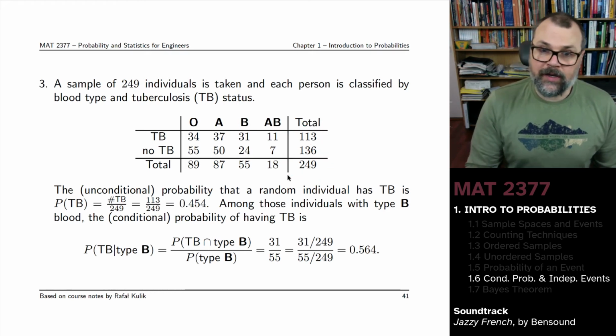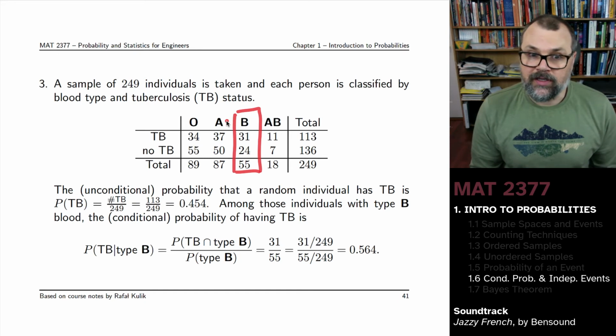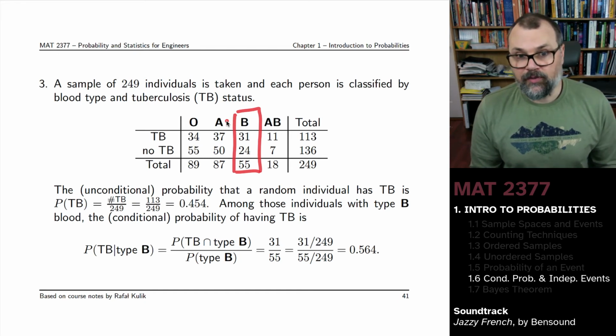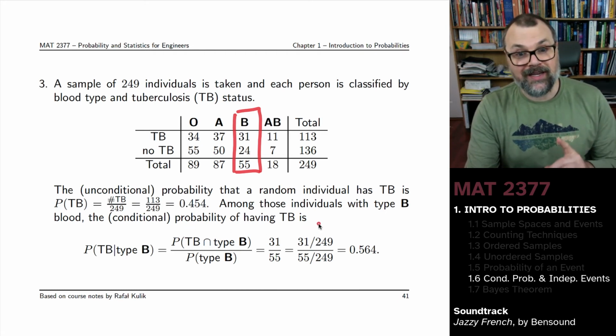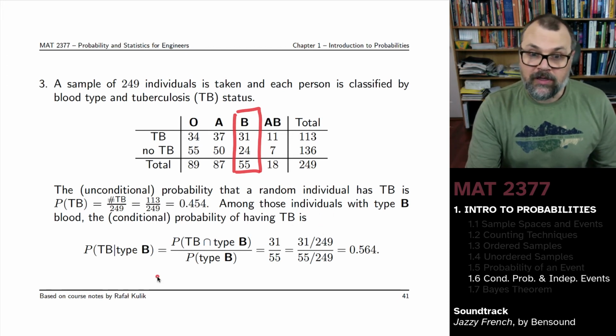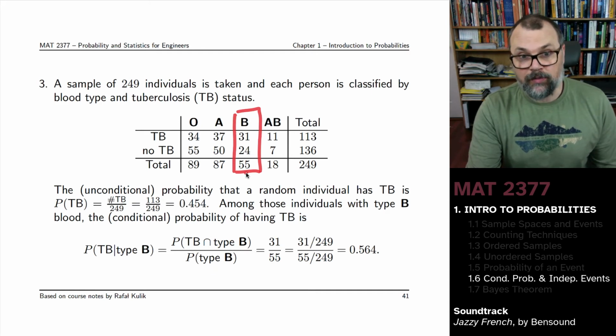But if you look at the proportion amongst individuals that have blood type B, you see that that number is actually above 50%, right? The conditional probability of having tuberculosis given that you have blood type B is going to be the number of cases where people have tuberculosis and blood type B divided by the number of cases where people have blood type B. 31 divided by 55.